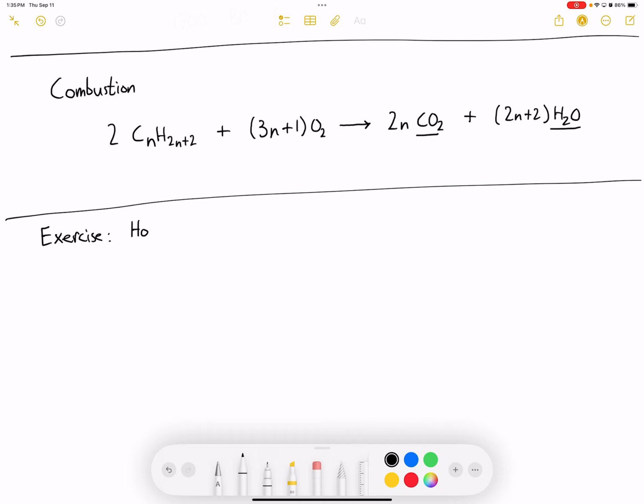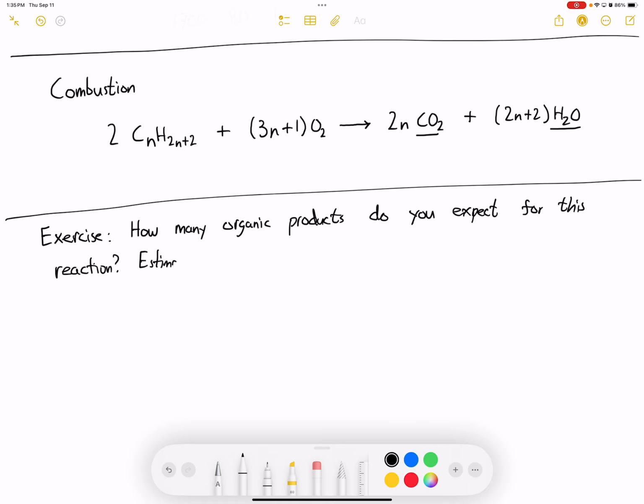So how many organic products do you expect for this reaction? All right, that's not the end of it. Estimate their yields.